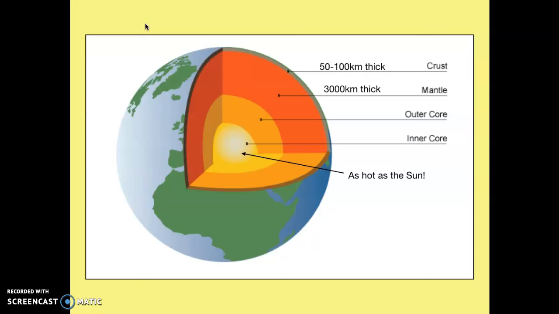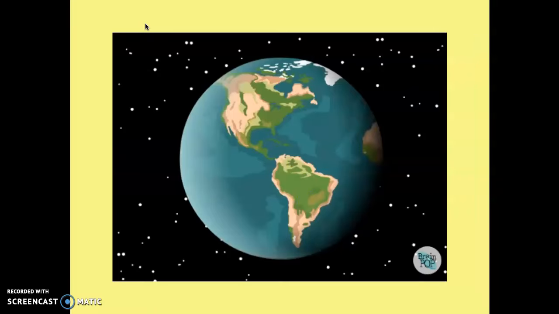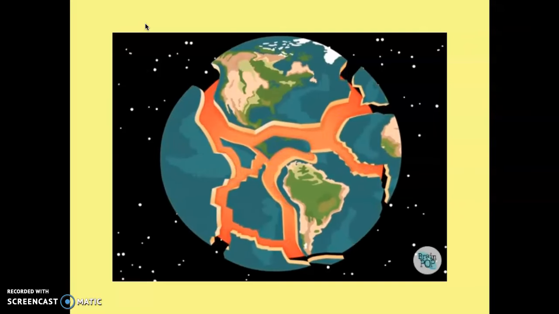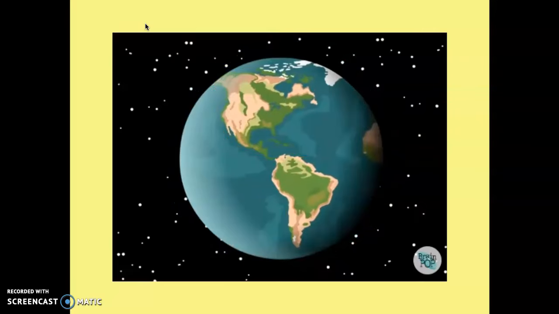It's a bit like steam inside of a boiling kettle. It's pushing outwards, putting immense pressure on the mantle, which in turn puts immense pressure on the crust, which is broken into pieces. And each piece is a different size and a different thickness.